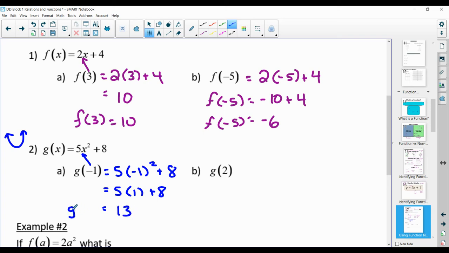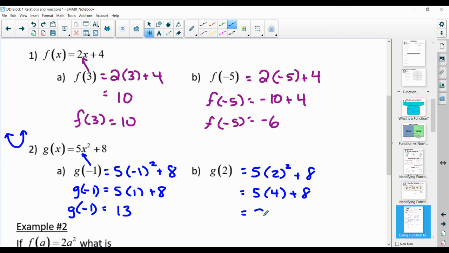So g of negative 1 equals 13. All right, g of 2, we're going to have 5 times 2 squared plus 8. 5 times 4 plus 8 will leave us with 28. So g of 2 equals 28.